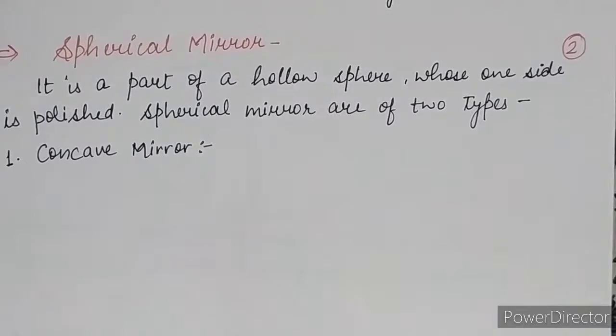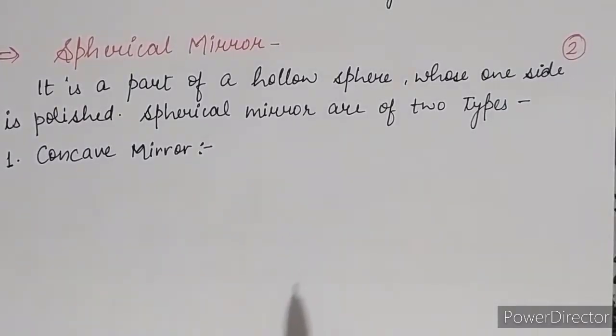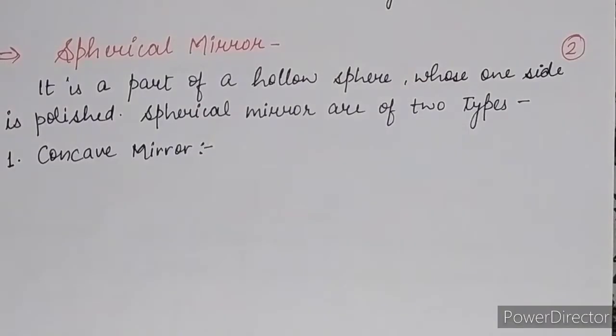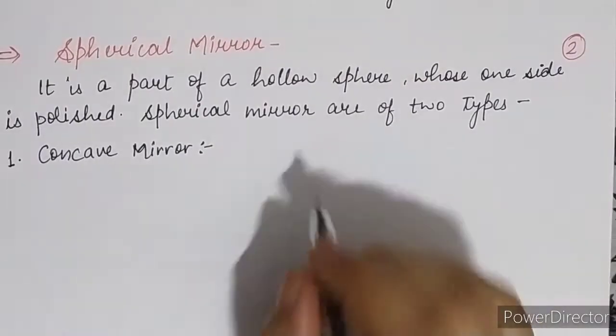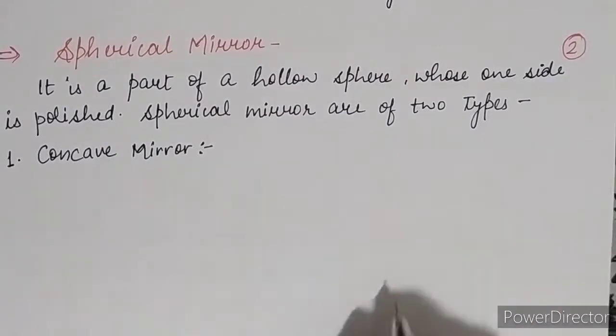So what is this concave mirror? We can say if the surface in which the reflection happens is the inward bulging surface, that is the concave mirror. Suppose I take a diagram, I will make you understand.